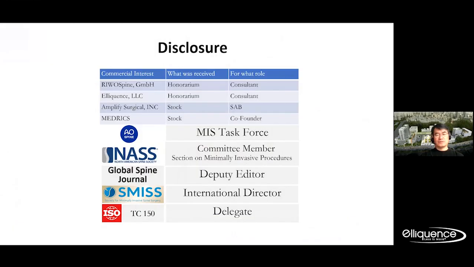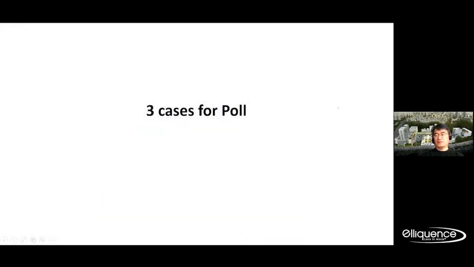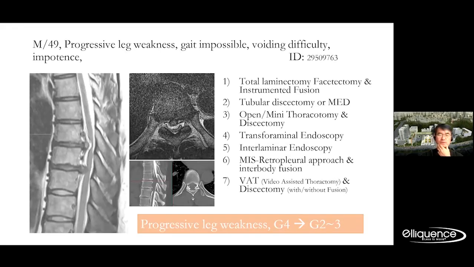This is my disclosure. Before going further, I'd like to share three cases briefly, asking your opinion for the treatment option. The first poll is about this patient, a 49-year-old male with progressive leg weakness, gait impossible, actually a paraplegic status with voiding difficulty and sexual dysfunction.